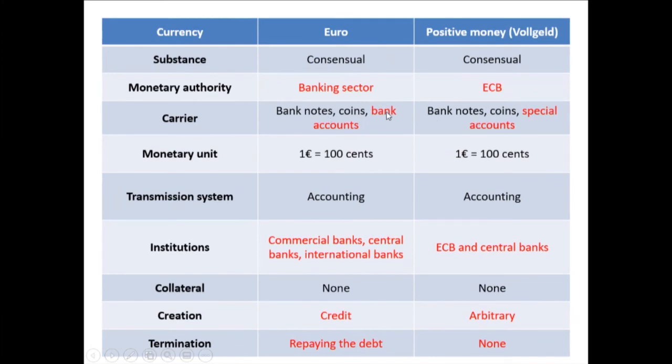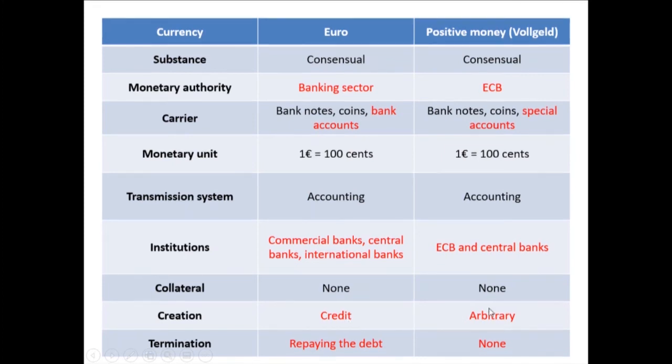So there would be normal bank accounts with the private banks' money, something like Hayek suggests, but the real money would be on special accounts that are distinguishable from the traditional bank accounts. The monetary unit is the same, the transmission system is the same, no changes here. The institutions are the ECB and the central banks.